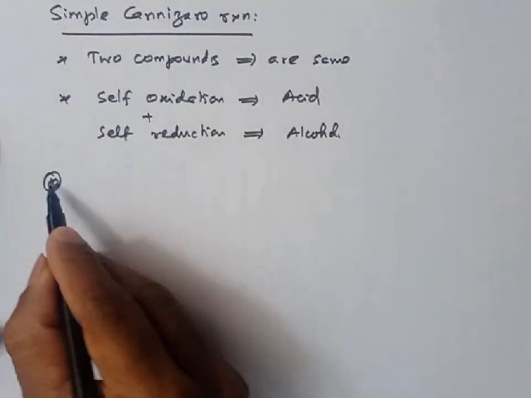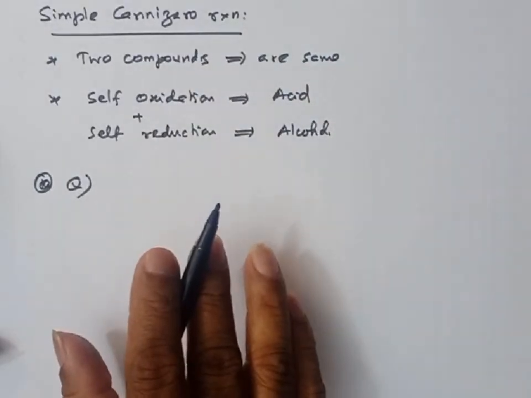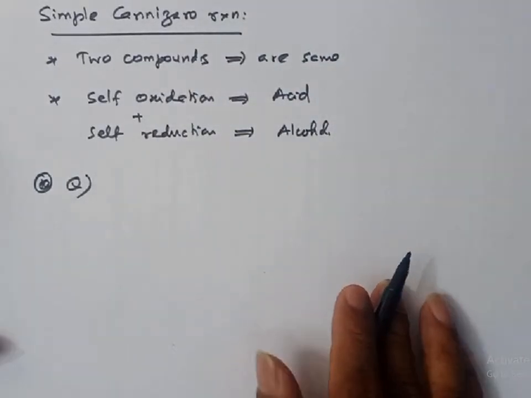Now let me take one example. Before that, let me ask one question. I'll give few compounds. You try to tell me which among these compounds undergo Cannizzaro.